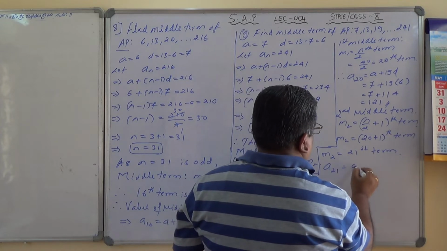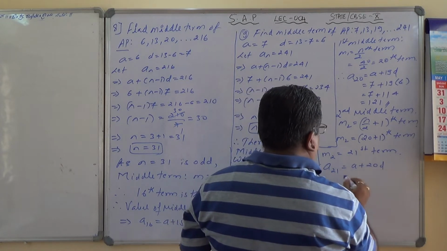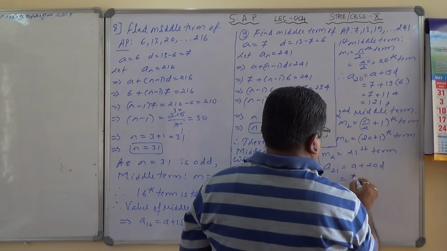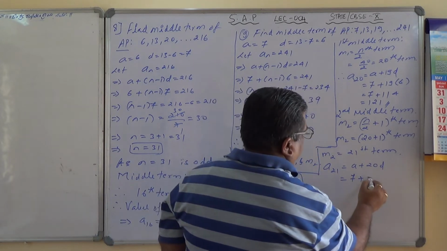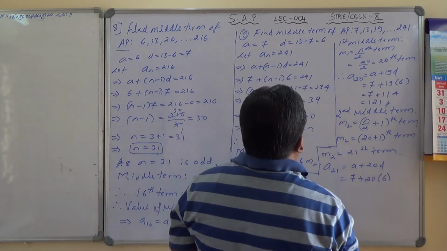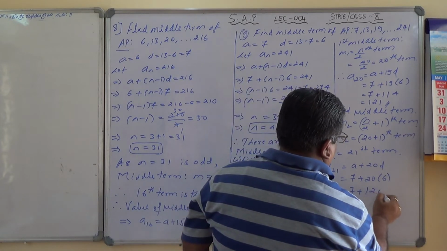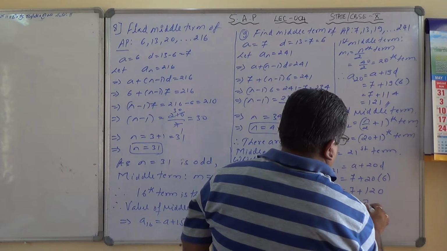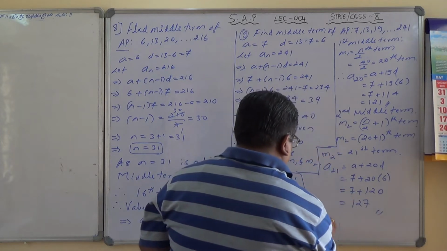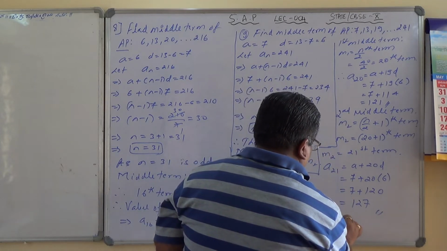Therefore A21 is equal to A plus 20D, 7 plus 120, which is 127.